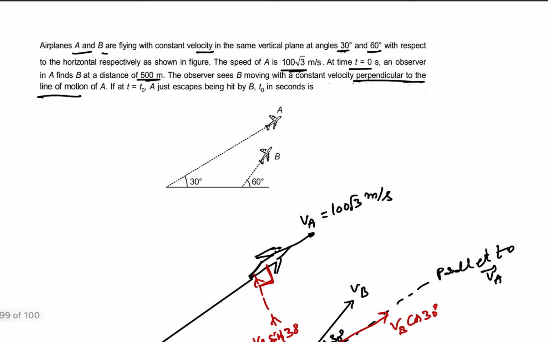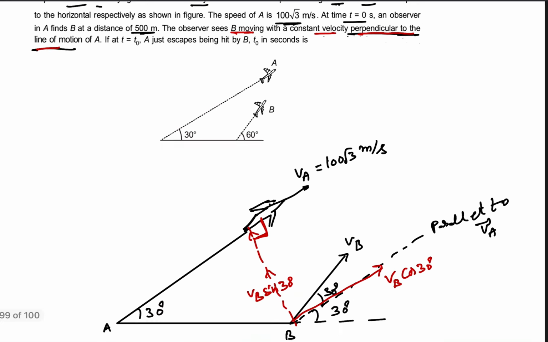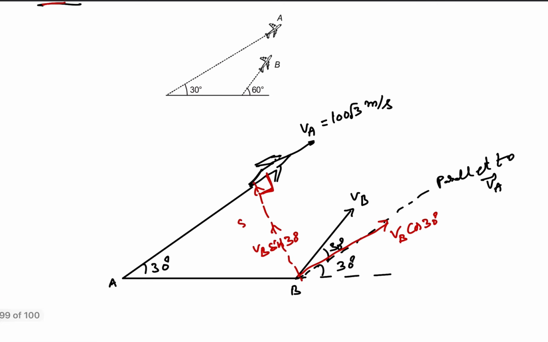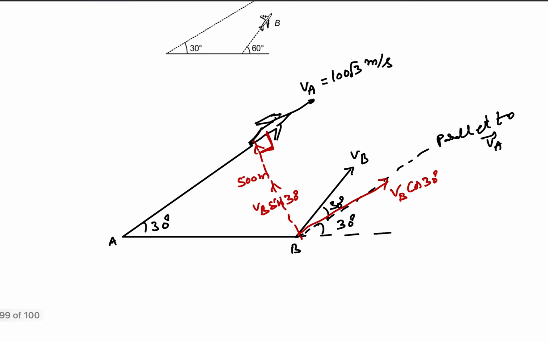As per the question, the observer sees B moving with constant velocity perpendicular to the line of motion, and the separation is 500 meters.